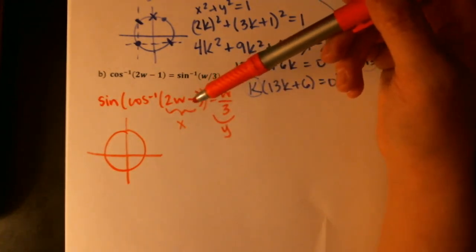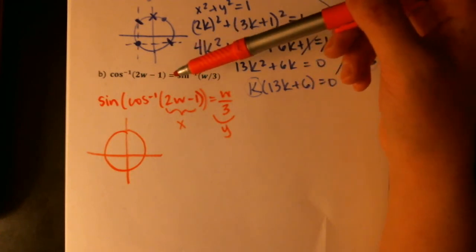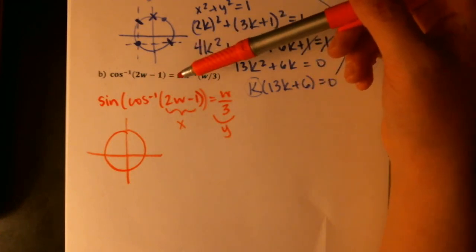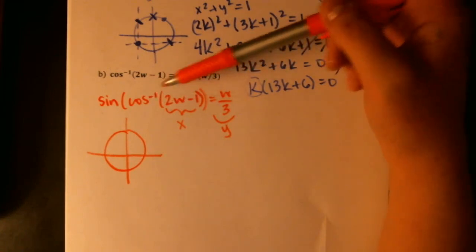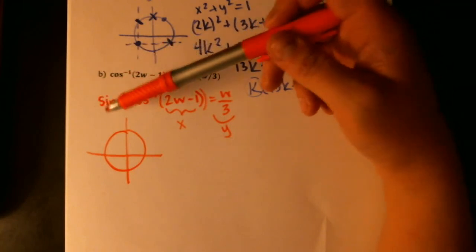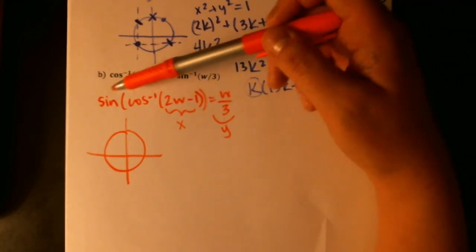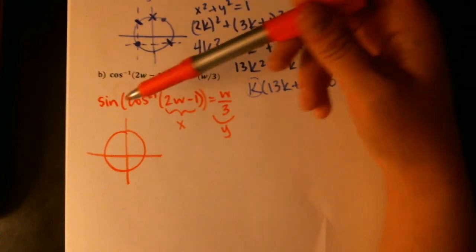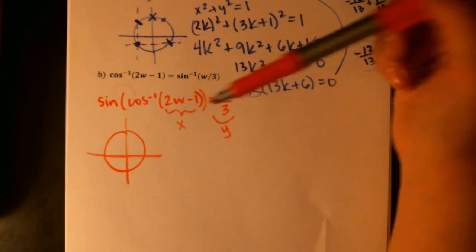Down here, I say, here's an x value, find the arc length. When you give that arc length to sine, it'll give you a y value. So going from here to here makes it hopefully clear that we're talking about the same point when we talk about this x and this y.